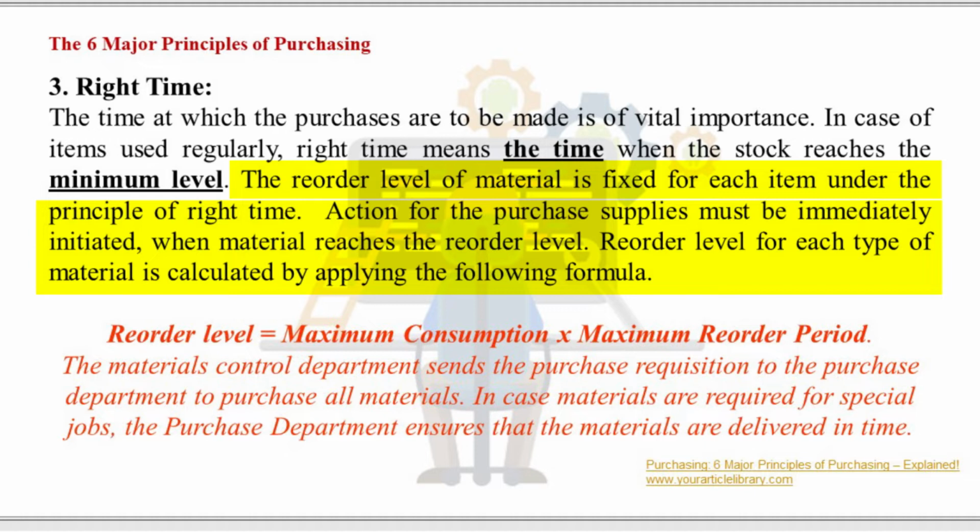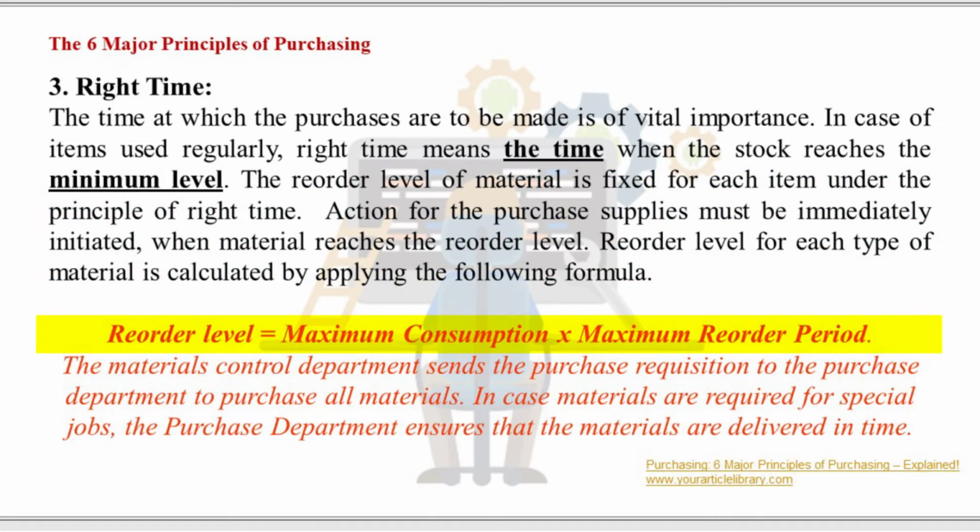Action for the purchase of supplies must be immediately initiated when material reaches the reorder level. Reorder level for each type of material is calculated by applying the following formula. Reorder level is equal to maximum consumption multiplied by maximum reorder period.